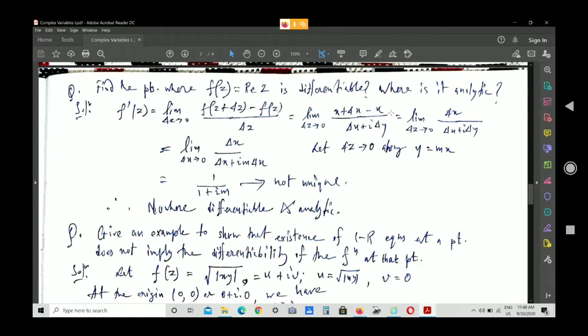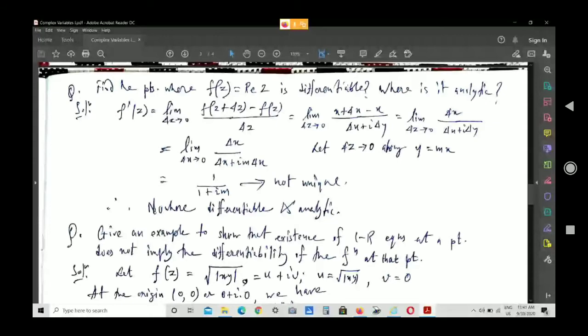At all points it should be differentiable, not only at one point. A function may be differentiable at one point, but it may not be analytic there if it is not differentiable at a very nearby point. So this criterion has to be satisfied. So analytic means differentiable, but differentiable does not mean analytic.